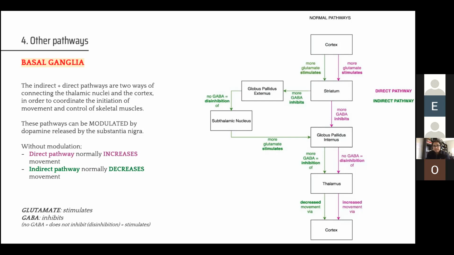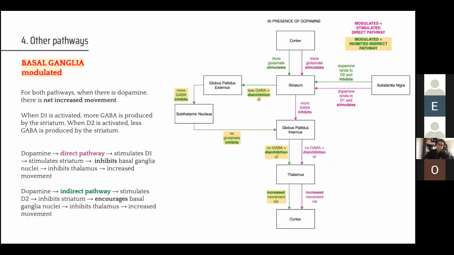Like I said earlier, these can be modulated by dopamine. Dopamine affects the indirect and direct pathways in different ways, and this dopamine is produced by the substantia nigra in the brain. The parts that I've highlighted in yellow are the parts that are different from the normal function.